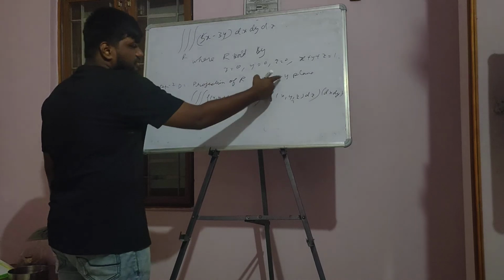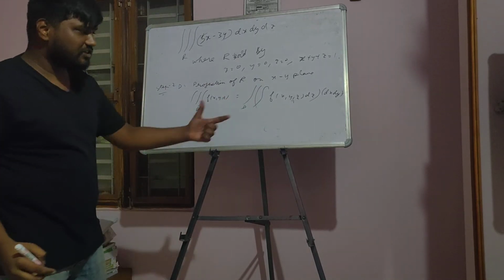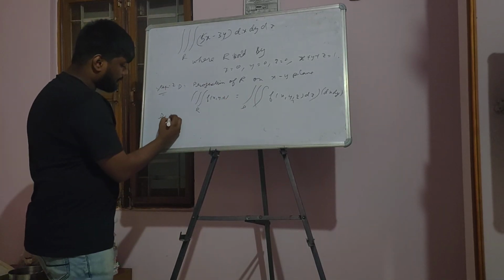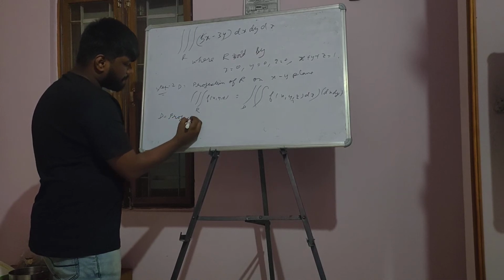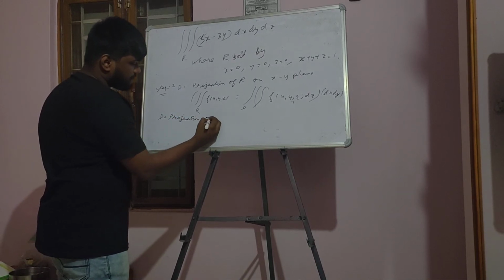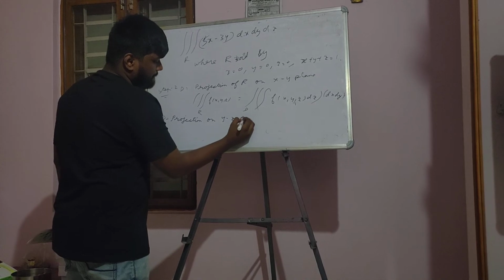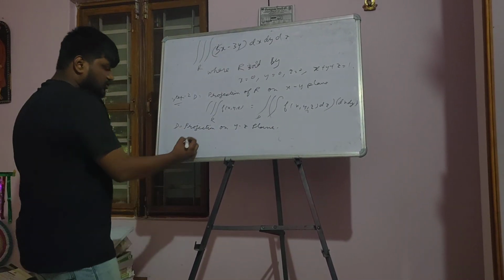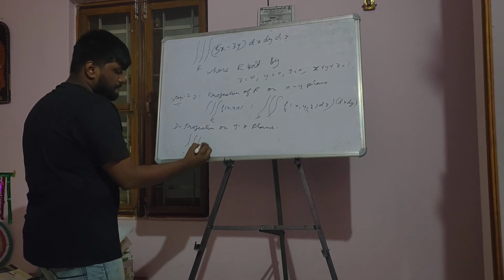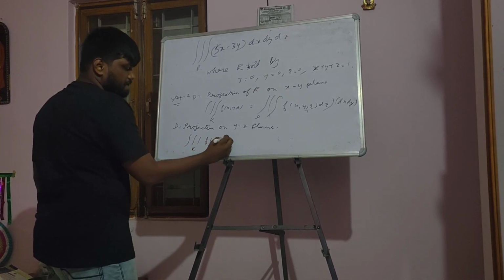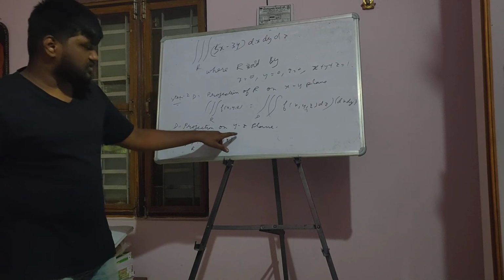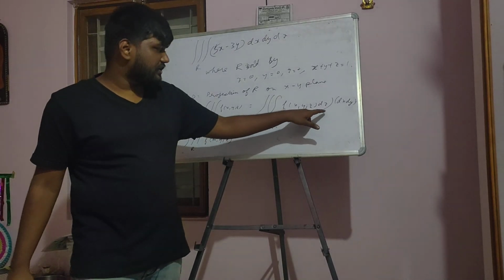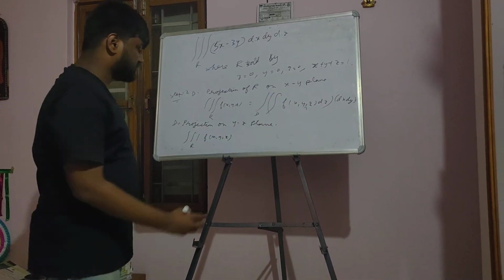So this can also be done in the following way. Suppose you did not take the projection on the xy plane, you wanted to take the projection on the yz plane. Since you are taking the projection on the YZ plane, you will need to integrate with respect to X first.